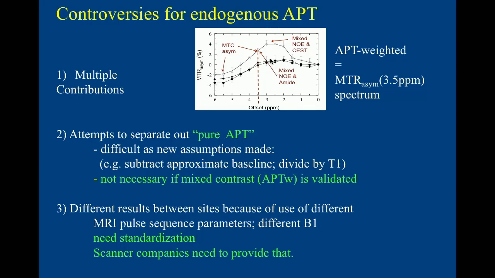We use the asymmetry, which is a very simple metric, and just see whether or not it can be used to differentiate high-grade tumor from low-grade tumor, and also from radiation-induced necrosis.